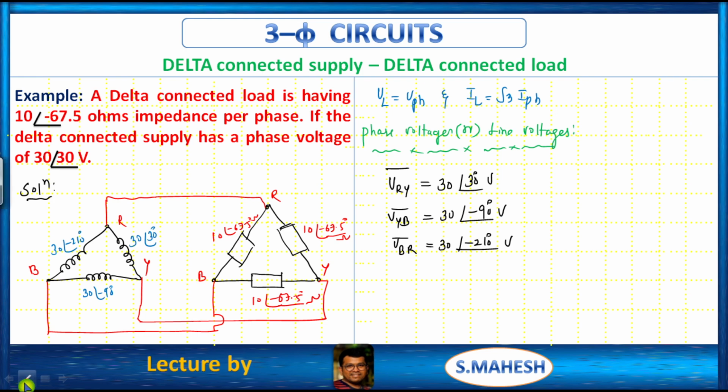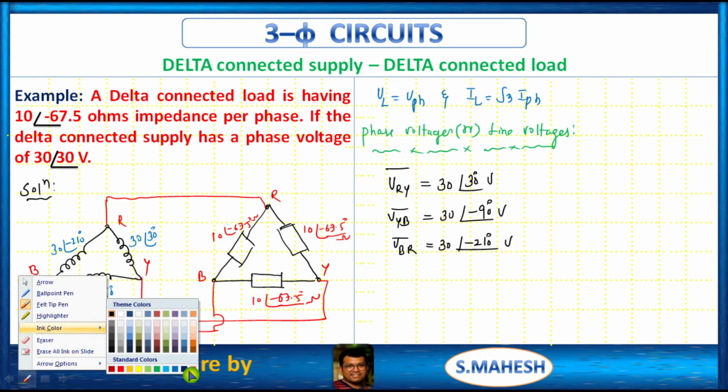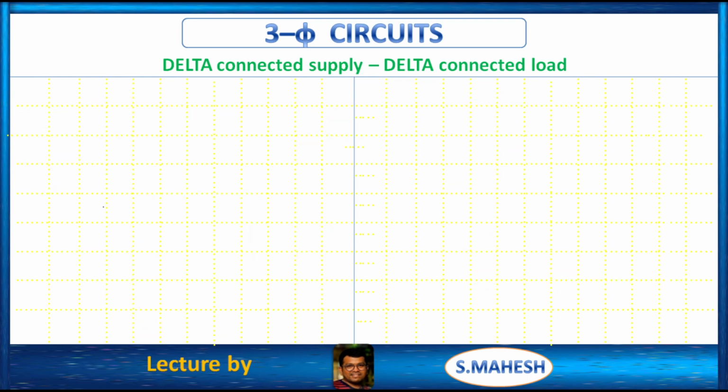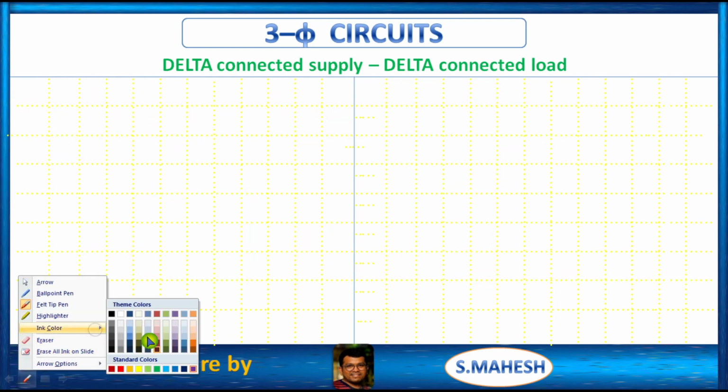Given that impedance per phase is equal to 10 at an angle minus 67.5 ohms, right? Therefore we have to get phase currents now.